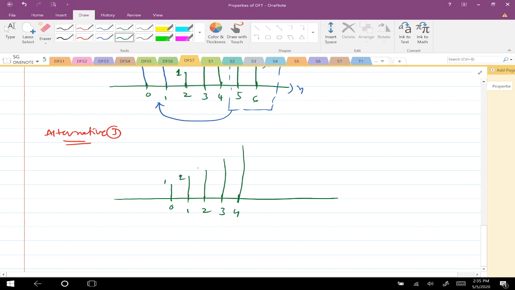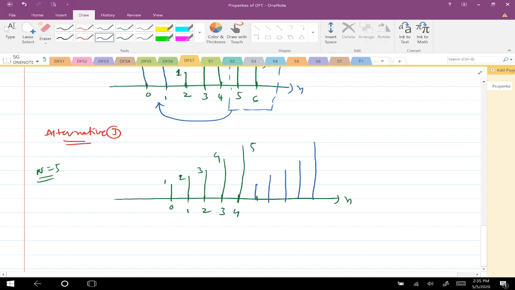This is your n. Now you construct a periodic signal out of it, with whatever is your n point DFT, which is 5 point DFT. So you start repeating it from here. Let me draw it with a different color here. Okay, this is 1 2 3 4 5, and you keep the copies on the other side also.